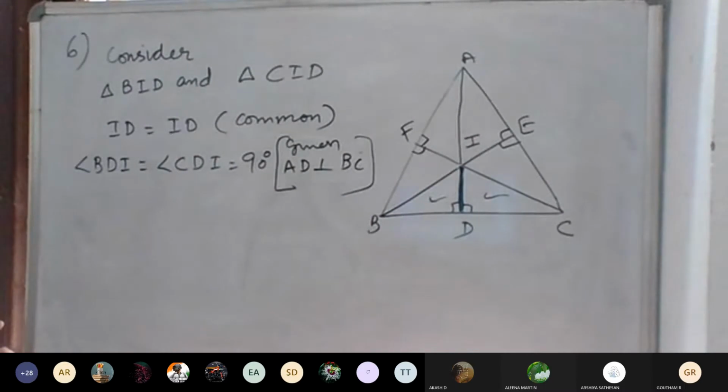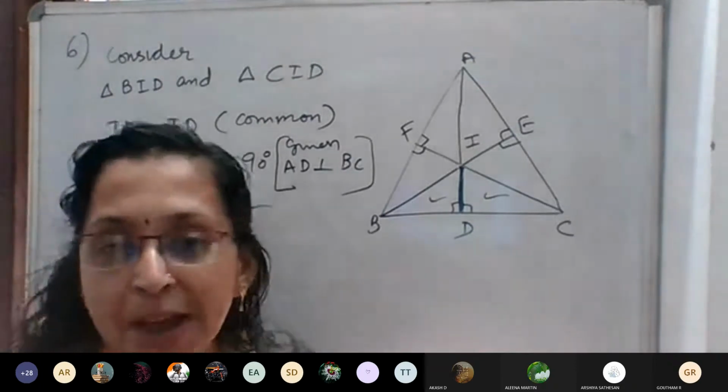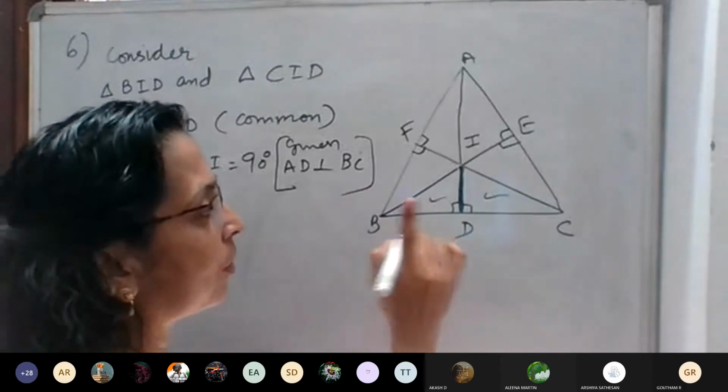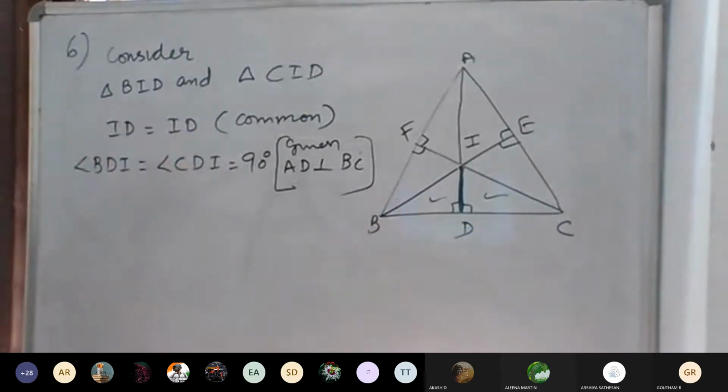Then one more point is there. Read the question. Perpendicular bisectors of sides. Not only perpendicular, perpendicular bisectors. So this line is the perpendicular bisector. Bisect means what?